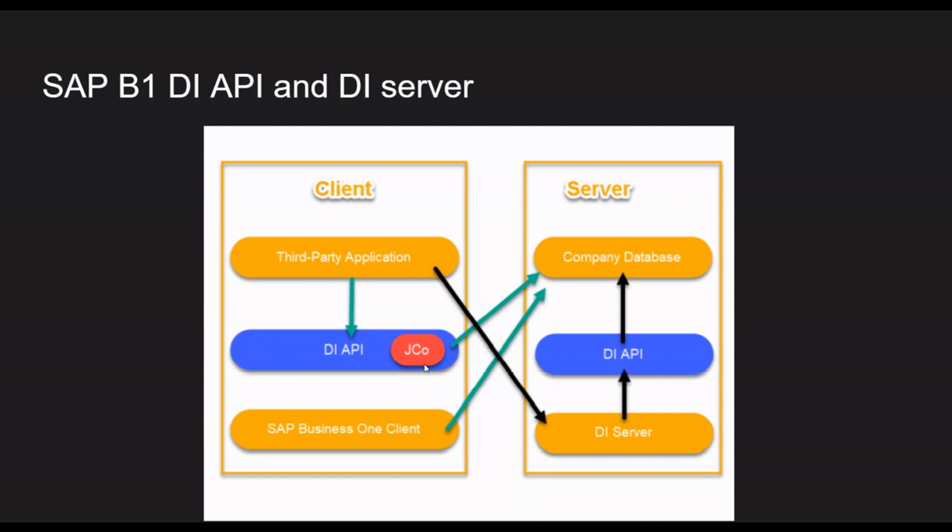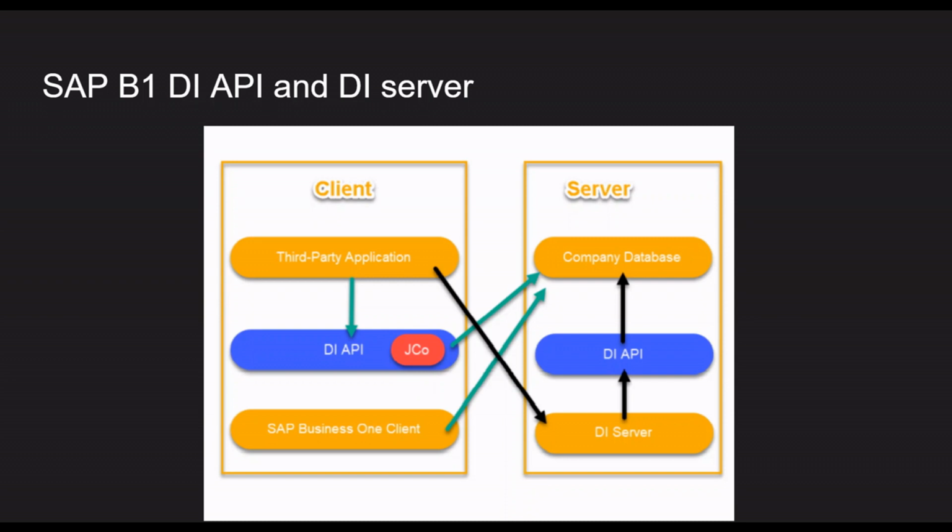It provides access to business objects like master data, transaction data, and services, and performs the same validation as the SAP Business One client application does. So you can validate the data before saving something. For example, if you're creating item master data, it gives you all the validation at the DI API level. So you can check that as well.